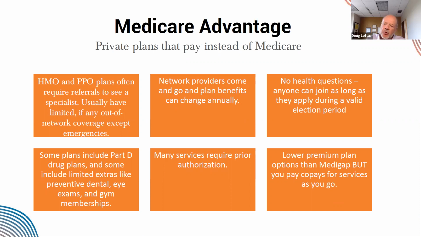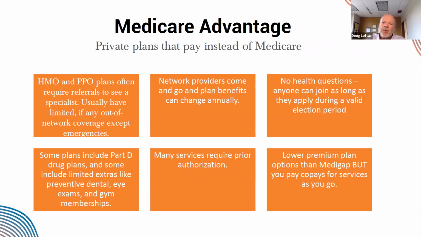If you don't go to a provider in the network, you're not covered. Under PPO plans, under Medicare Advantage, there may be limited out-of-network benefits. They may not cover as much, or if an out-of-network provider will take what the plan pays, in some cases you can go to an out-of-network provider. But your choices are somewhat reduced. In an HMO, they're substantially reduced.